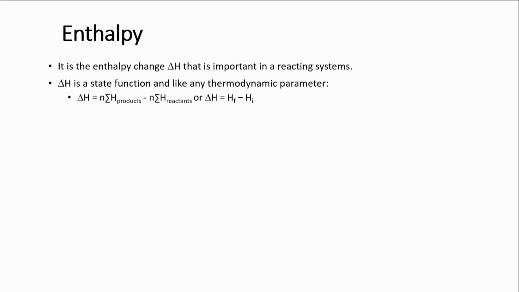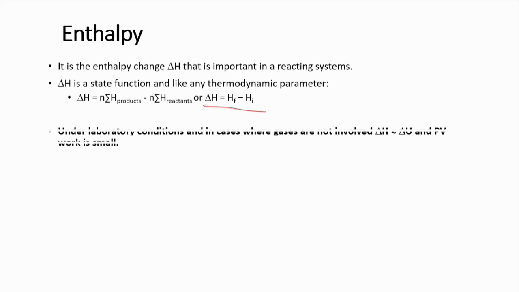In other words, enthalpy change for a reaction is the final enthalpy minus the initial enthalpy. The final enthalpy is the sum of the enthalpies for the products, considering their reaction stoichiometries, whereas the initial enthalpy is the sum of the enthalpies of the reactants, considering their reaction stoichiometries.